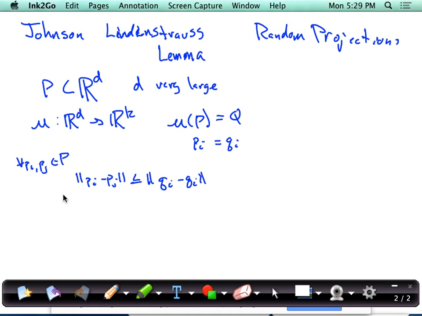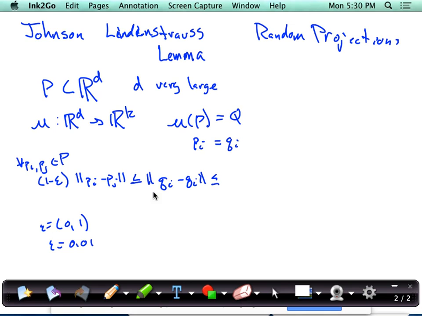Okay, so in fact, you want that if I shrink it by a little bit, I'm going to say 1 minus epsilon, where epsilon is going to be something small, between 0 and 1. So you can think of epsilon equals 0.01 here. So some small quantity.